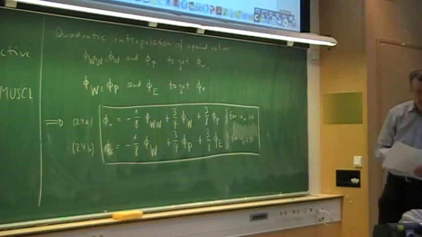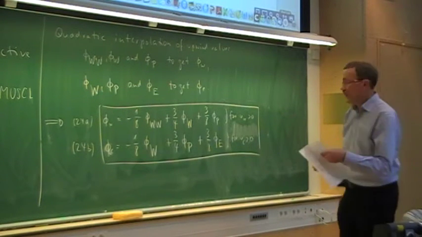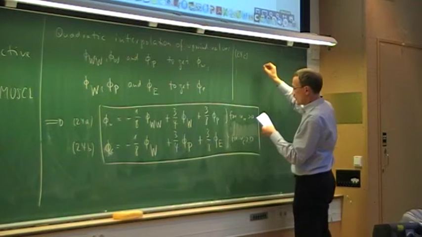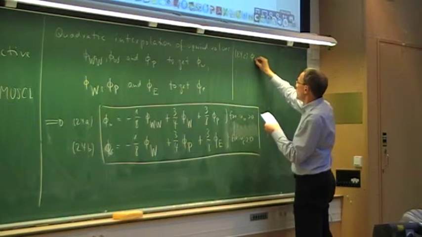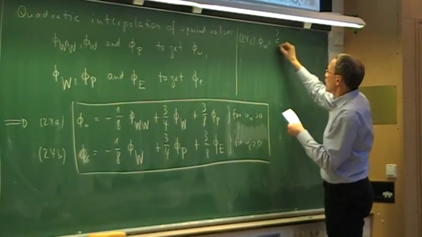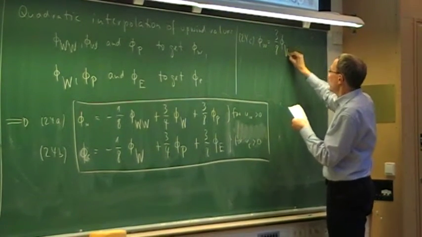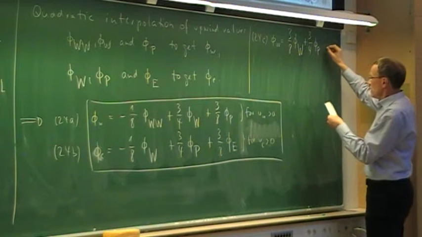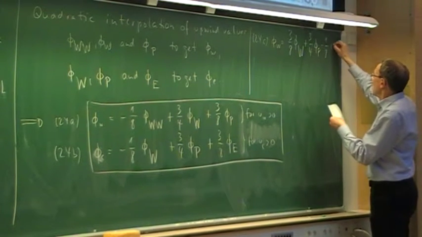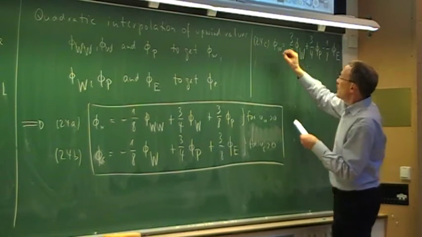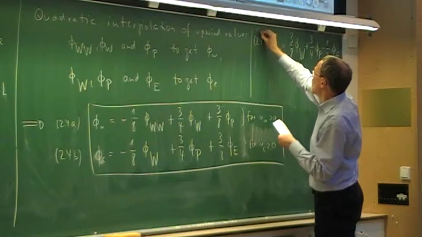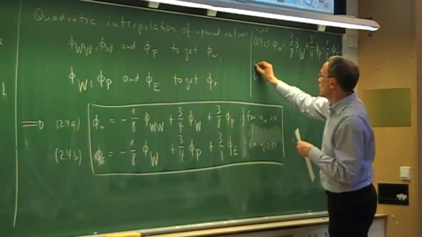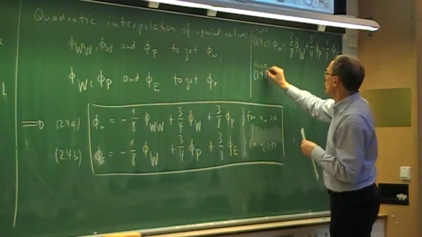So then we have this. And similarly for the case when U is negative, we would get, I call it 24C, phi little w equal to 3/8 phi capital W plus 3/4 phi P minus 1/8 phi E, and here we assume that U_w is smaller than 0. 24D, there we assume that U_e is smaller than 0.